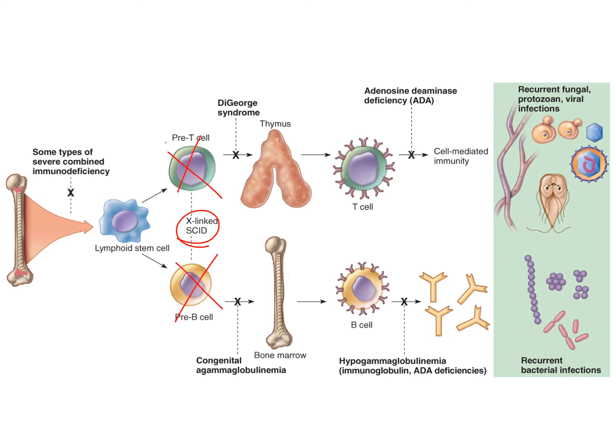So you would have no cell-mediated immune response and no humoral immune response. DiGeorge syndrome would prevent cell-mediated immunity. And then congenital agammaglobulinemia or hypogammaglobulinemia would have no humoral immune response. So you should know how these different disorders would affect an individual's immune system and their response to different types of infections and also different immune disorders.